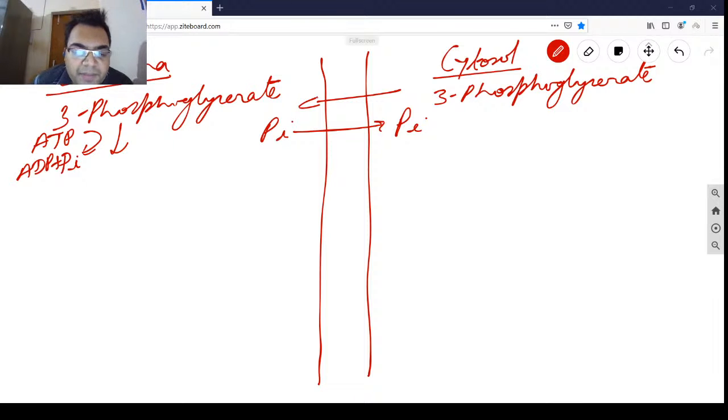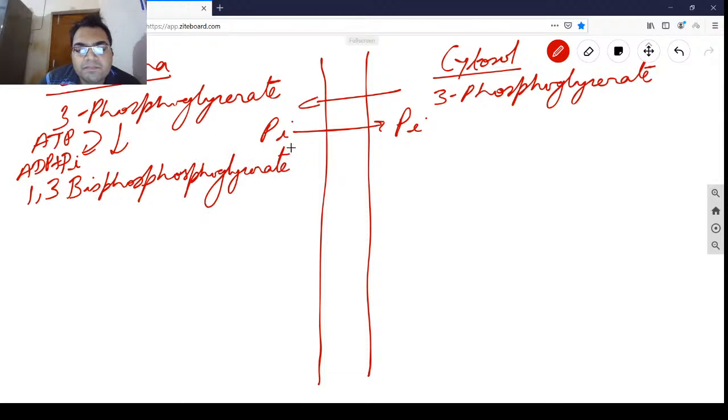ATP will be used up to make 1,3-bisphosphoglycerate. Then 1,3-bisphosphoglycerate is converted to glyceraldehyde 3-phosphate by reduction. Something will be oxidized and Pi will be released again. So this is oxidized NADP plus.